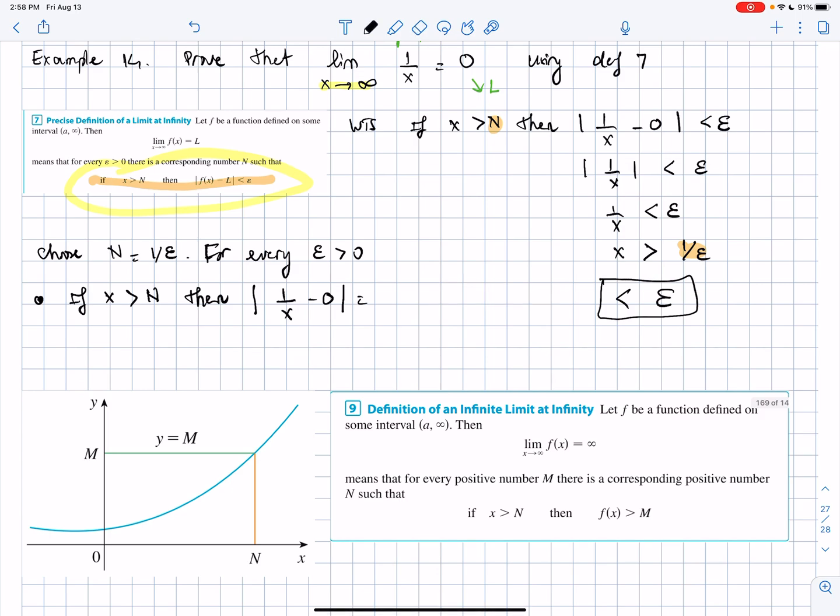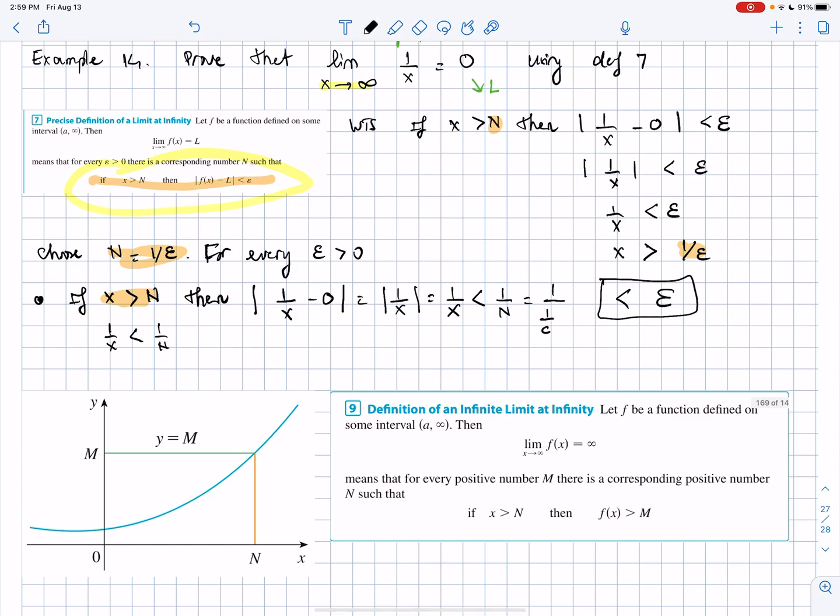So it is equal to the absolute value of 1 over x, and since x is a positive number, we can remove the absolute value, so it is equal to 1 over x. If we know that x is greater than N, that means 1 over x will be less than 1 over N. And because we chose N to be 1 over epsilon, let's plug it in.